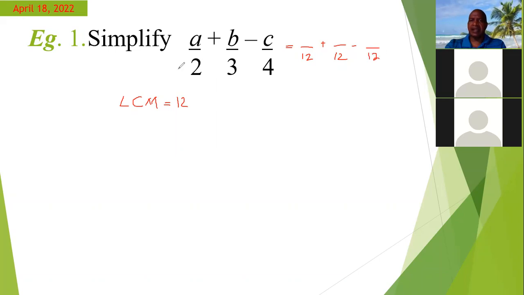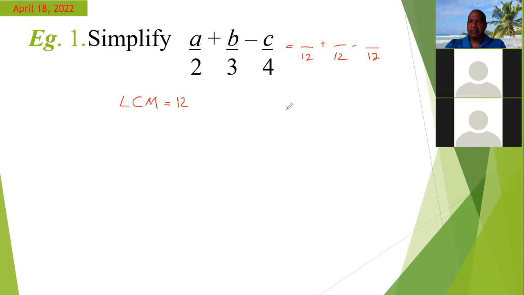So it means that these numbers would give you an LCM of 12, but we would have to do something to these numbers to get 12. What would you do to the 2 to get 12? Multiply by 6. Multiply by how much? Go again, Miss Green.